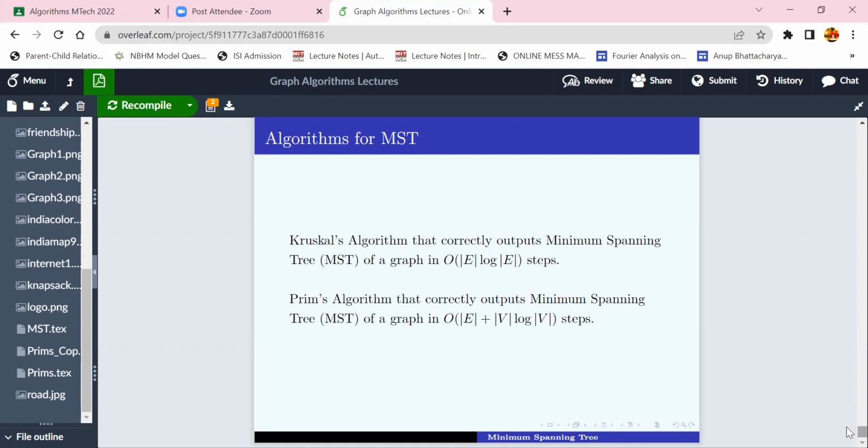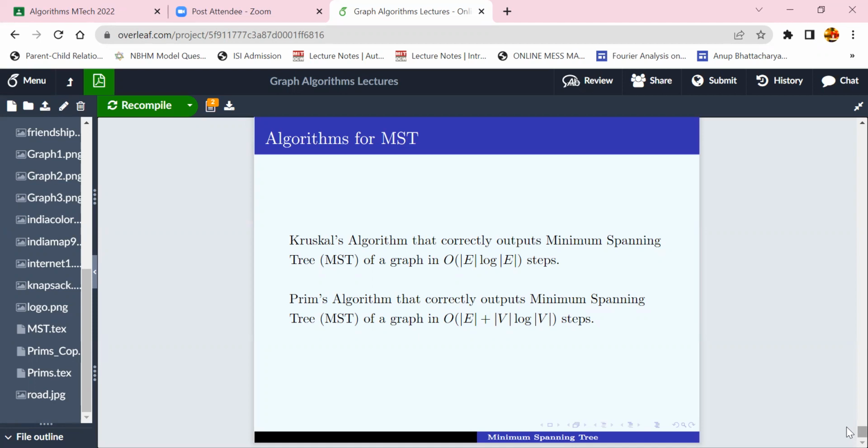And in Prim's algorithm, from the very first time, we grow a tree. And at the end of the algorithm, we get that this tree is actually a minimum spanning tree by the way we have proceeded. Then what is your question? It is still not clear to me. Can you please repeat your question?